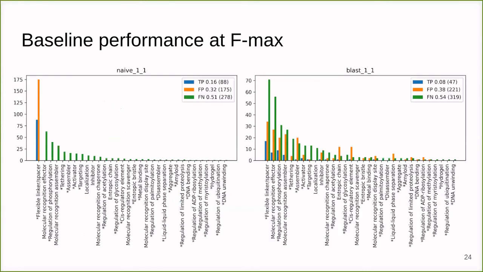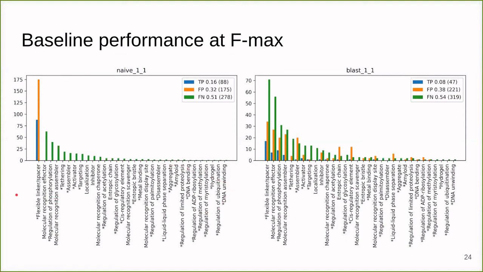So what we inspected at this stage was which are the terms predicted at F-max. So when you consider the threshold obtained when the F-score is maximum, and you keep all terms with a score above that threshold, you can see the confusion matrix, the true positive, false positive, and false negative for all the terms in the ontology.